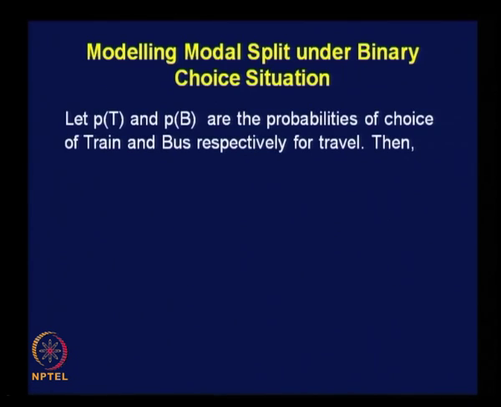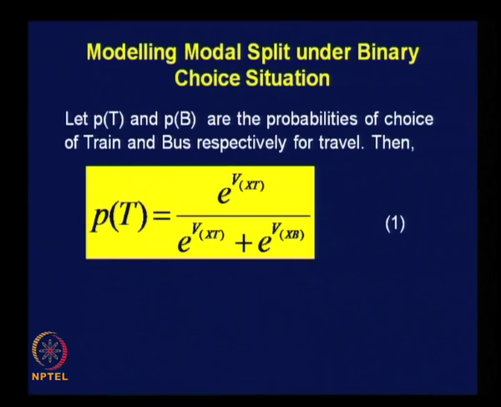Let Pt and Pb be the probabilities of choice of train and bus respectively for travel in a particular context. Then we can write probability of choice of train to be equal to e power Vxt.